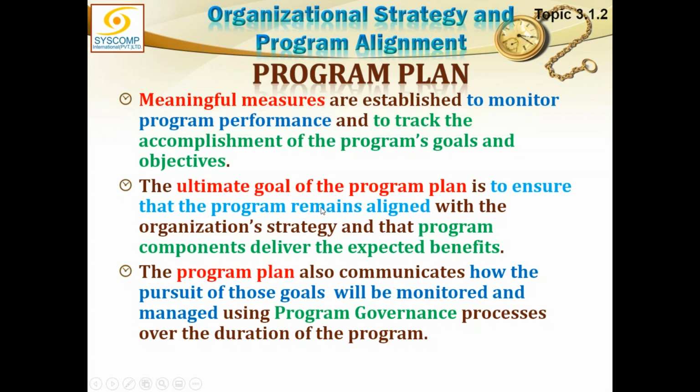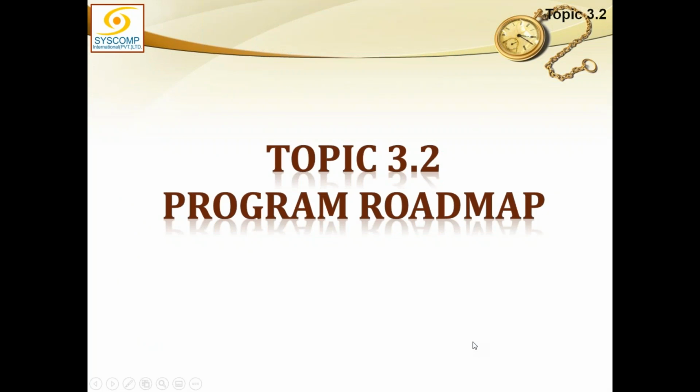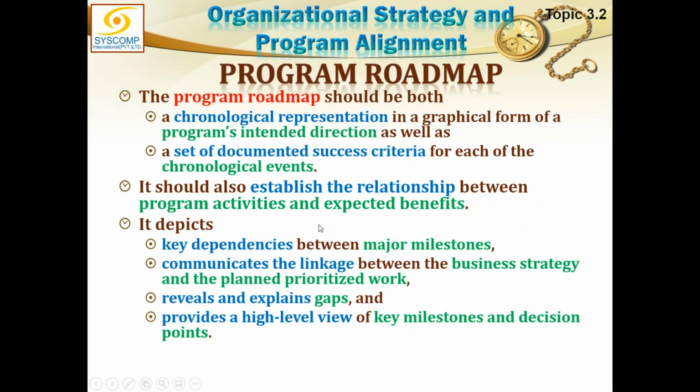This is what our objective is. The program plan also communicates how the pursuit of those goals will be monitored and managed using program governance. We already have the governance framework in front of us, so that much is done. Third thing is the roadmap. Roadmap is like a Gantt chart.